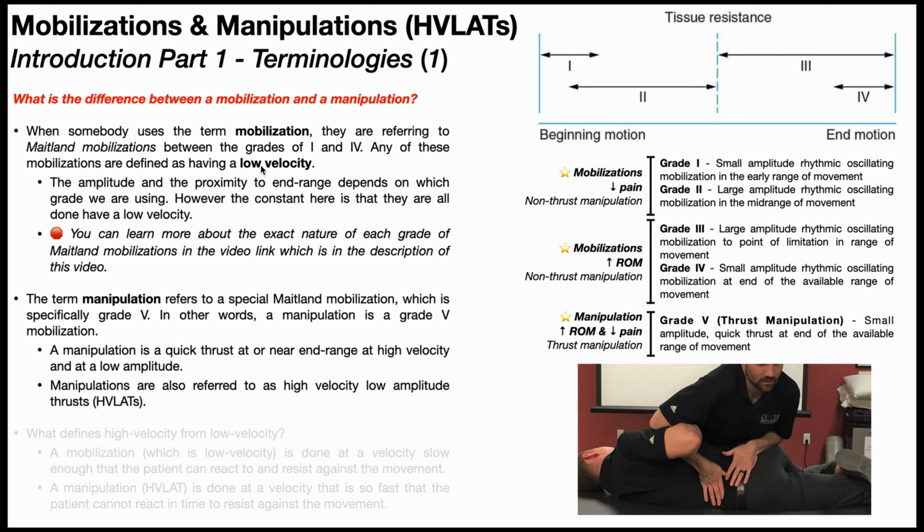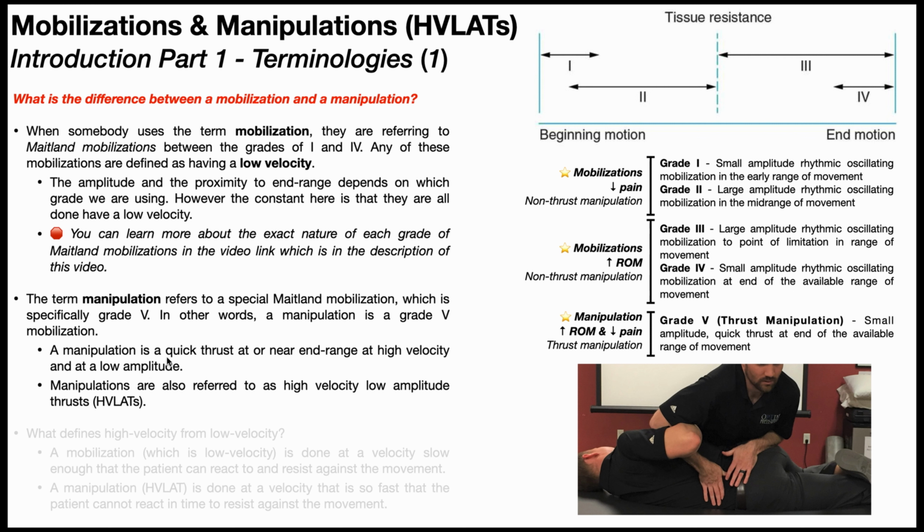And they're low velocity. Whereas a manipulation is a quick thrust. It's not continuous. You don't continuously manipulate. You really just do a quick manipulation, then you pause and you reassess. Just one quick manipulation. So it's a quick thrust at or near end range at high velocity and at a low amplitude, meaning it doesn't cover a large distance.